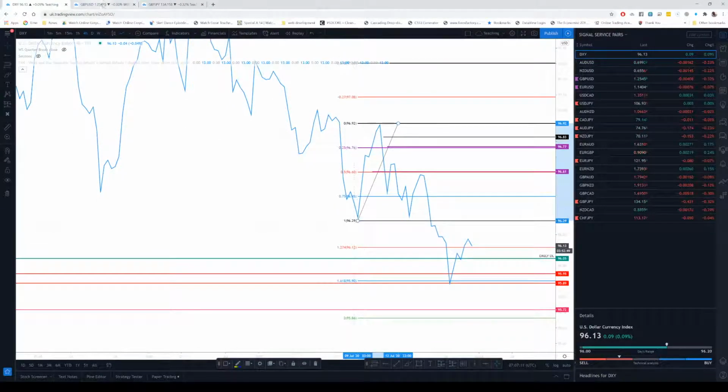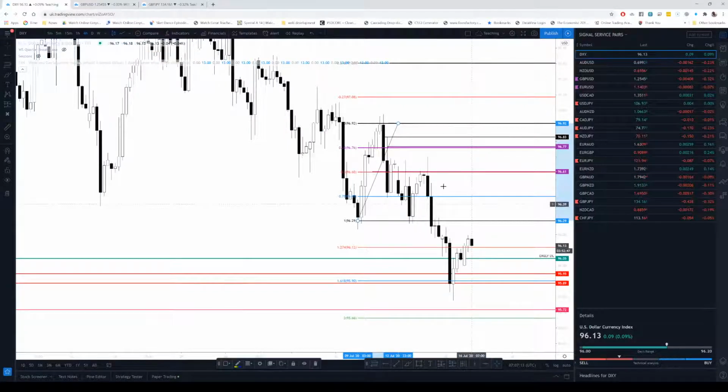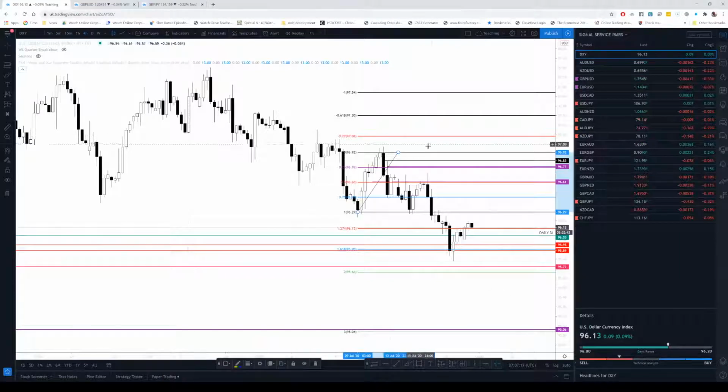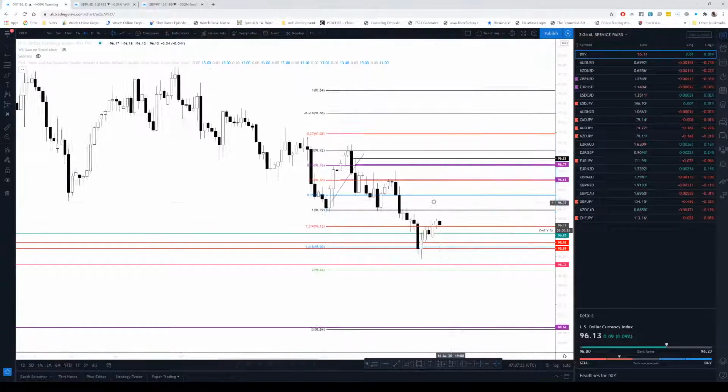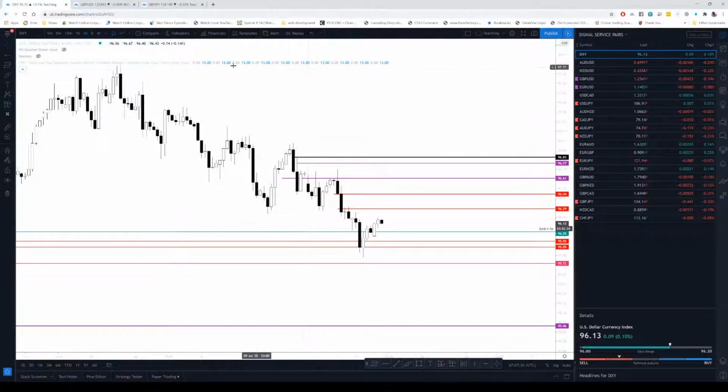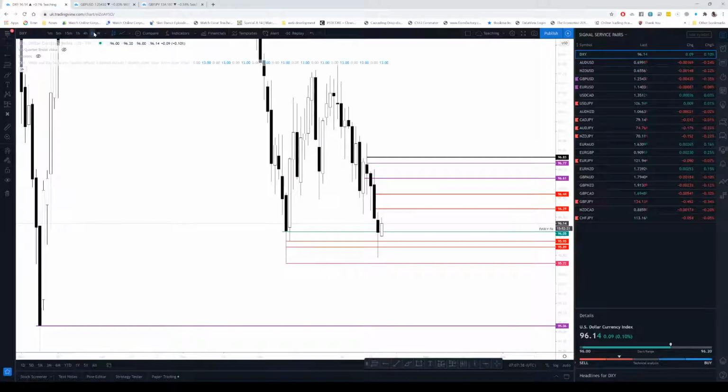There we go. So based on the line chart, if this is a channel, it should come up to here and there. These are the two levels I'm watching, and if I go on the daily, it's nothing meaningful on the daily.